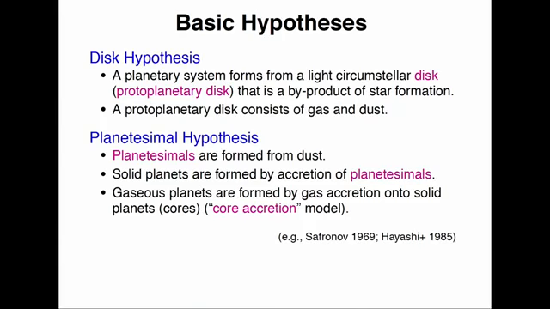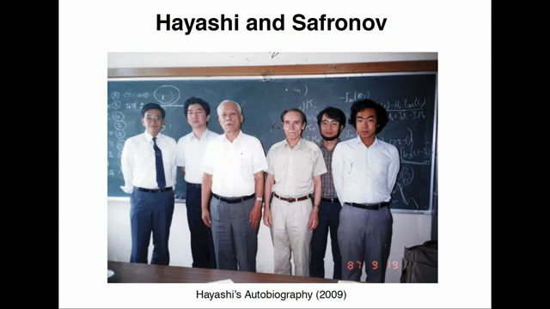This model is also called the core accretion model or core nucleated accretion model. These models or scenarios were developed independently by Safronov, Hayashi's group, and also Pollack et al. And I bring here this very rare, important picture showing Hayashi. Astrophysics major students may know the Hayashi phase for star formation, and planetary people know the Hayashi disk.